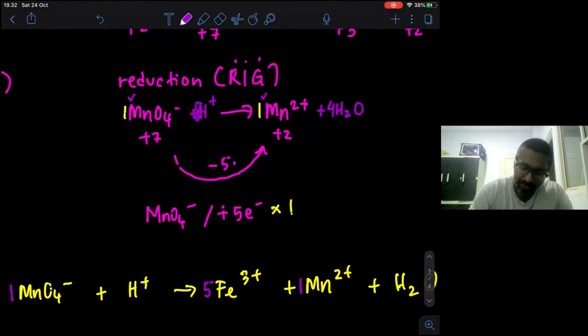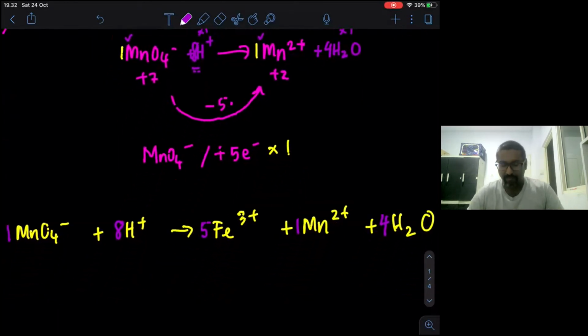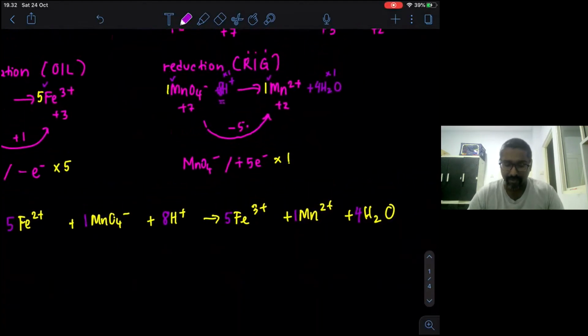I times by 1, so it still remains at 8, and this one times by 1 still remains as 4. The one that we balanced just now was the electrons. So just put the 8 here and the 4 here, and without looking at the electrons now, you have actually found the answer.